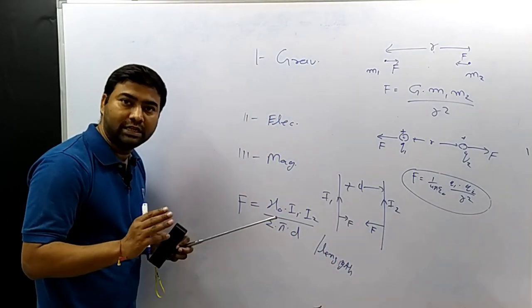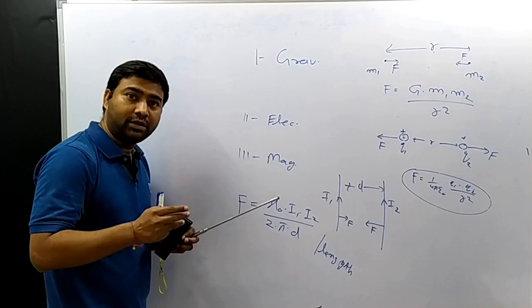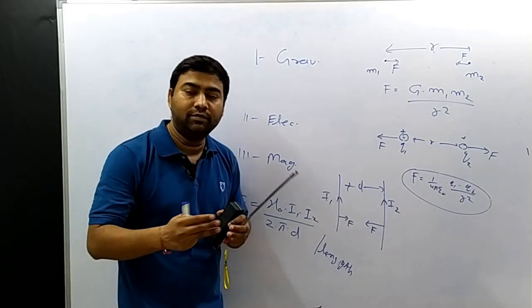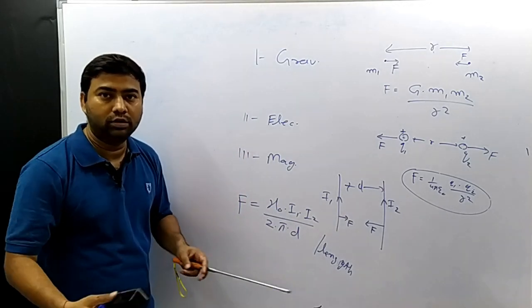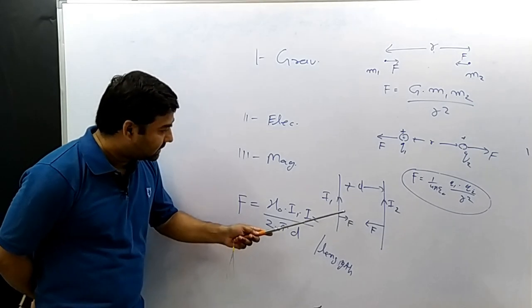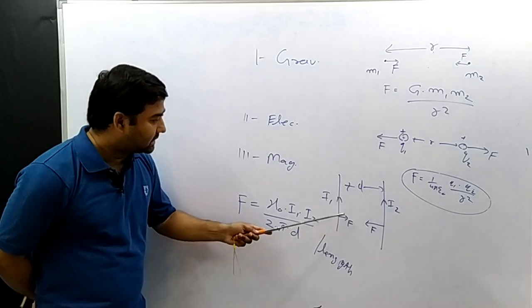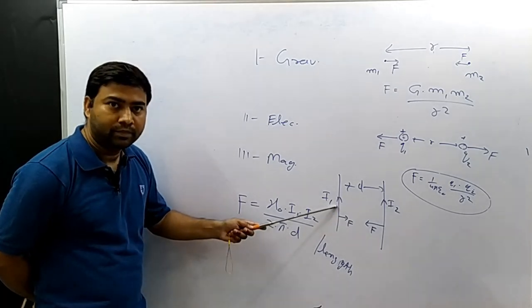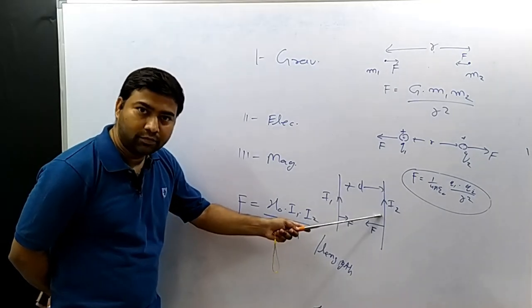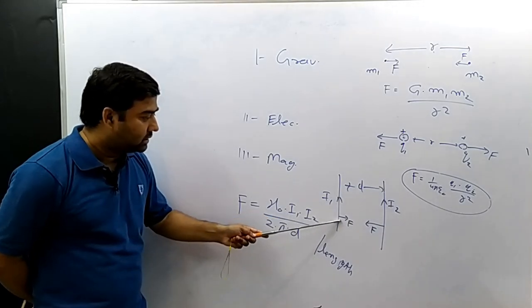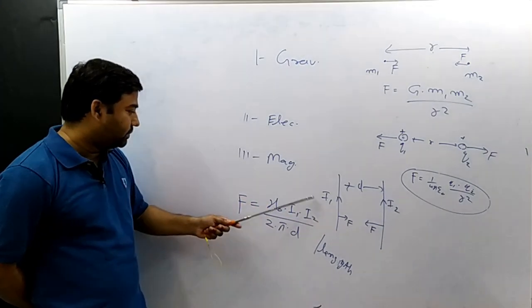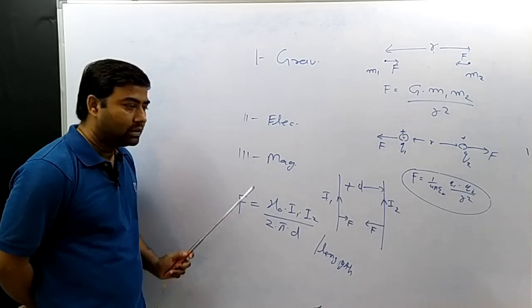Here also forces are in paired form, but not acting on the same body. They act on two different bodies. So at per unit length, this force F is exerted on this wire by the other wire in this direction, having this magnitude.